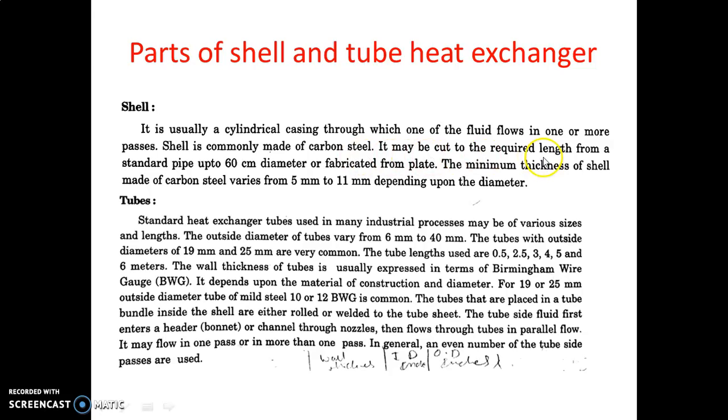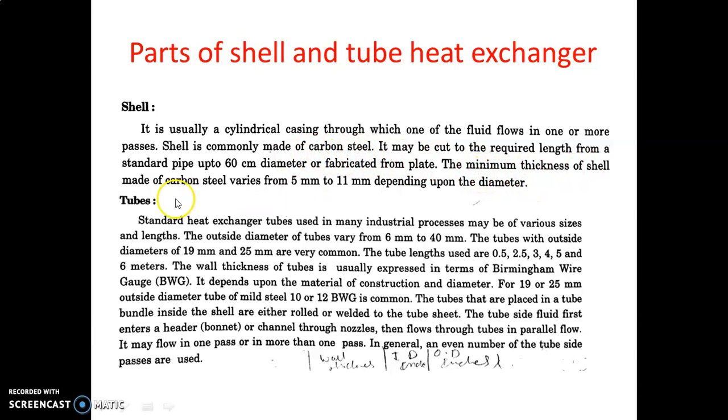These cylinders are cut to the required length, according to their application, from standard pipe up to 60 centimeter diameter, or they may be fabricated from plate. So these cylinders are made by taking a direct pipe, or we can fabricate from plate, and the material of construction may be carbon steel.